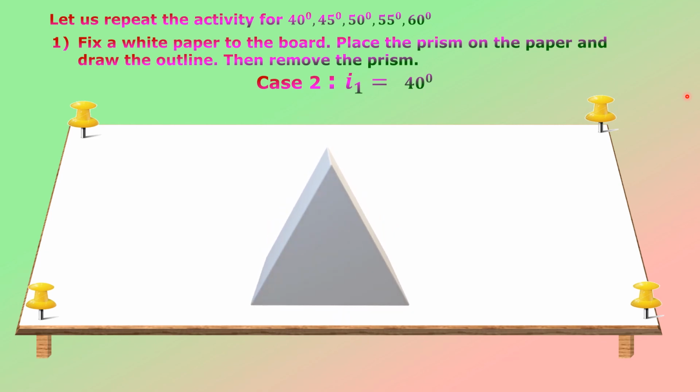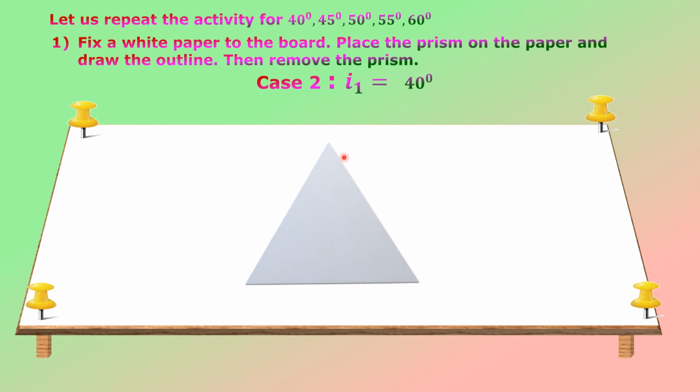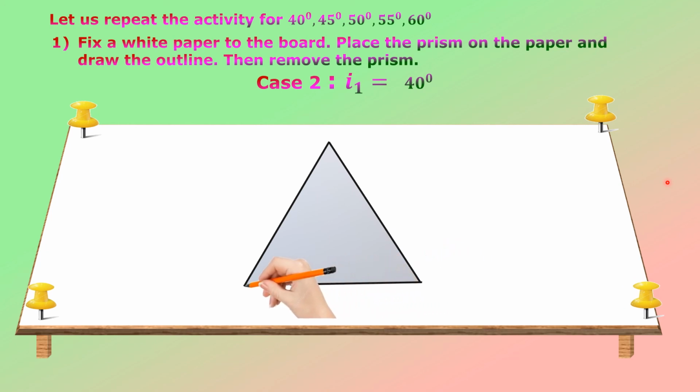See here. Now I will draw the outline. This is the outline I am drawing. The shape of the outline is a triangle, and we have to remove this prism. So we got the outline of the prism.